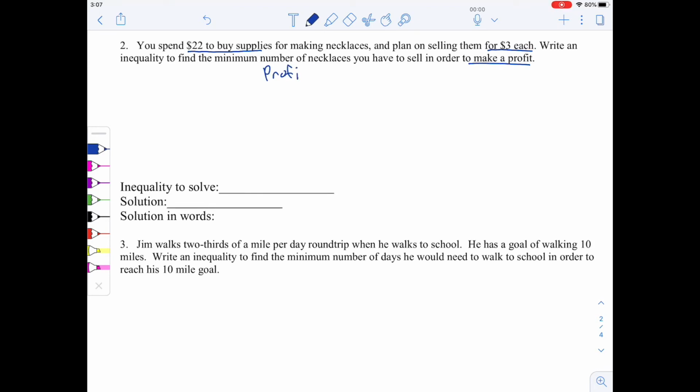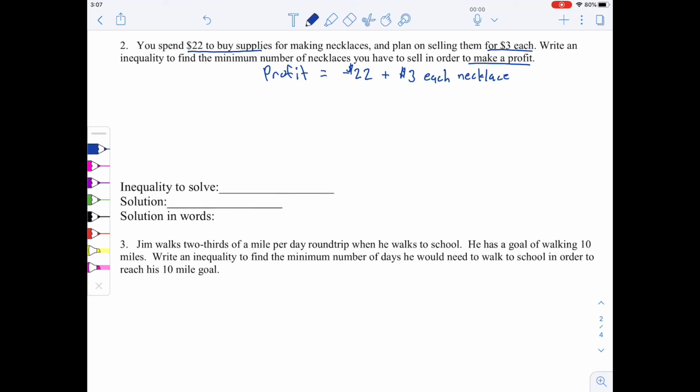Profit is equal to, so we bought $22 in supplies. So we're down $22 because we spent it, right? So negative $22, and we're going to sell it. So we're going to add our money, right? We're going to sell $3 each. And these are necklaces. Right, so each necklace we're going to sell for $3 each.